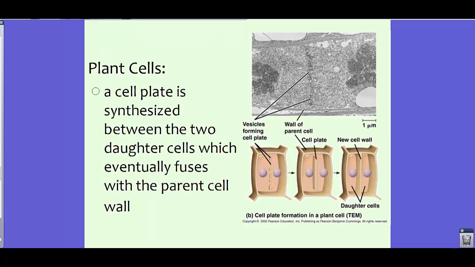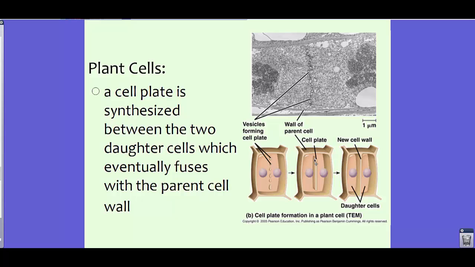In plants, however, they actually have to rebuild the cell wall because plants have cell walls. So what happens here is that a cell plate is created. And you can see it in this picture here. This divided line right here is the cell plate forming. And the vesicles of the cell will actually form that.